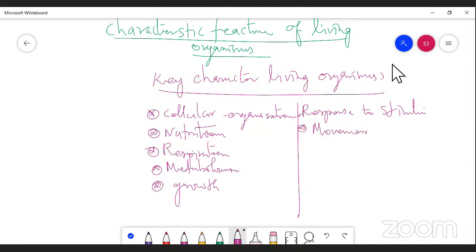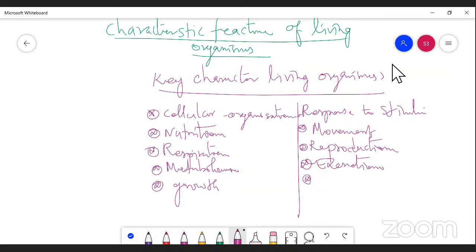Next one is movement. Movement is also very important for living organisms, because non-living things cannot move from one place to another. The next one is reproduction, the key point of living organisms. Next, excretion, also an important key point.